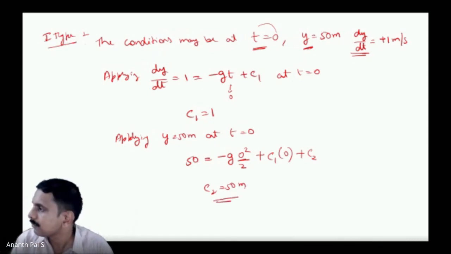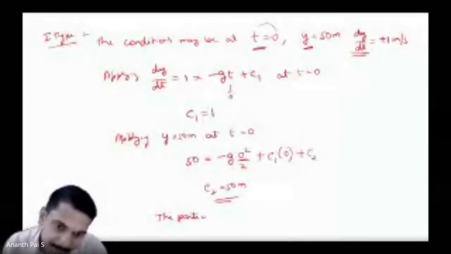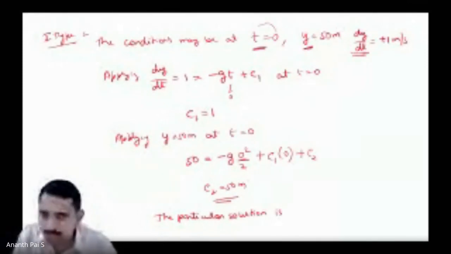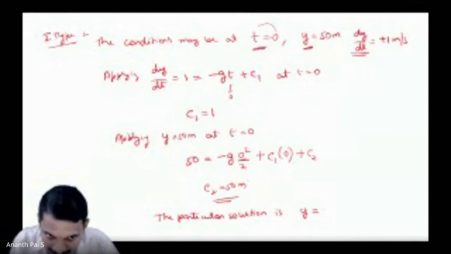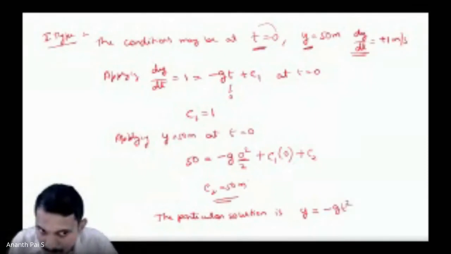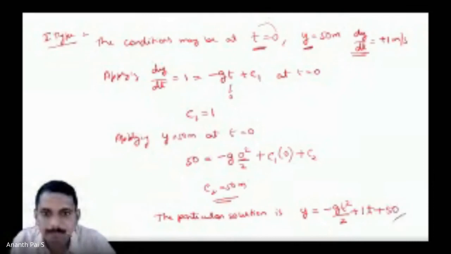So what is my particular solution? The particular solution is y is equal to minus gt square by 2 plus 1 t plus 50.